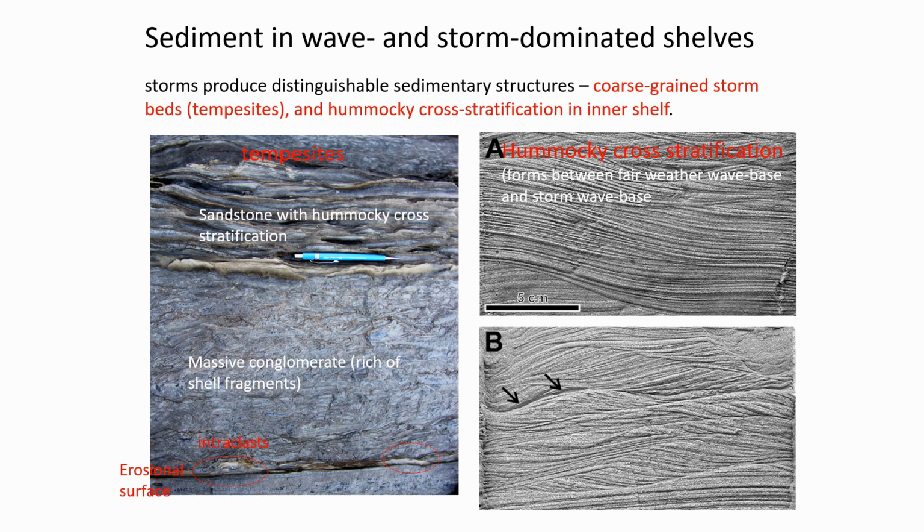So in the storm deposit, comparing the upper shore face to the lower shore face, the upper shore face is generally going to have a coarser deposition than the lower shore face storm deposit. The name tempestites refers to the coarse-grained storm deposit, which is often seen in the upper shore face on the continental shelf.